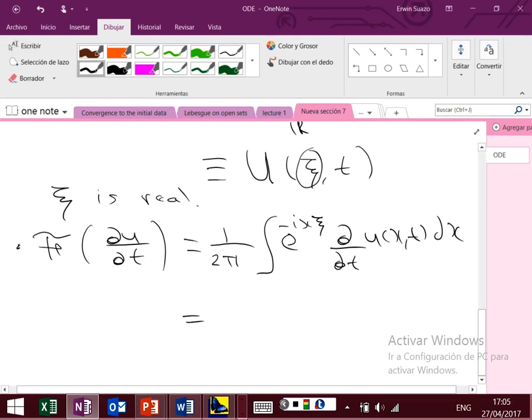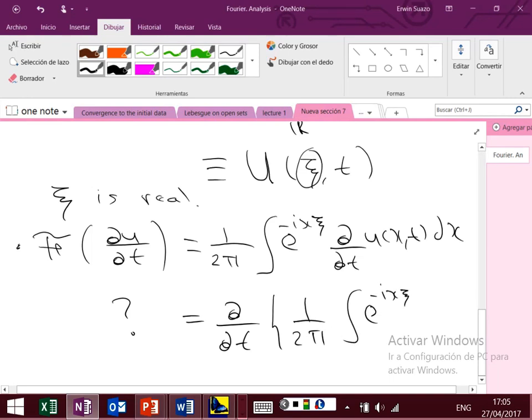But we know measure theory, so we know conditions for this to be true. So question, can we do this? Can we take the derivative d/dt outside of 1 over square root of 2 pi, the integral of e to the minus i xi x, u(x,t) dx? Okay, the answer is going to be yes.